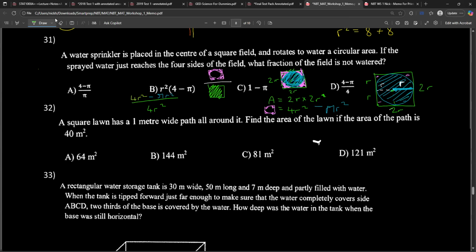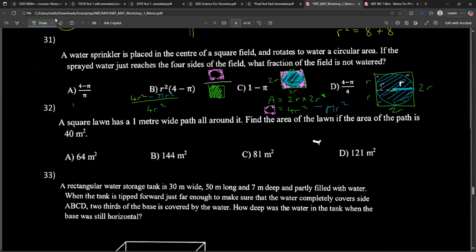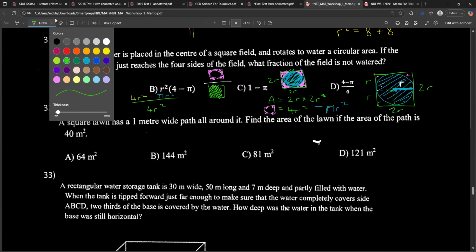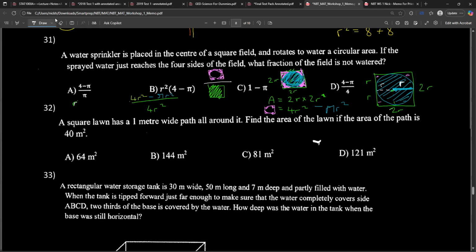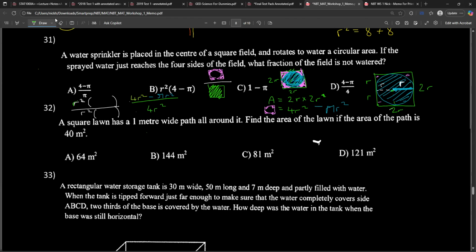Okay, and what we can do now, I'm going to drop the colors. I can take out r squared from the top and the bottom. And I'm left with, when I take out r squared out of here, just 4 minus pi, right?